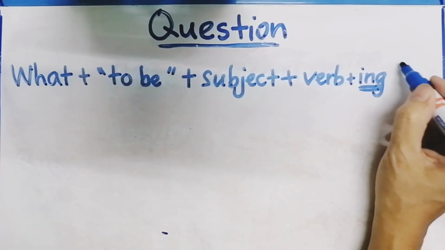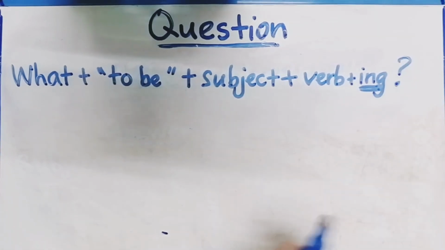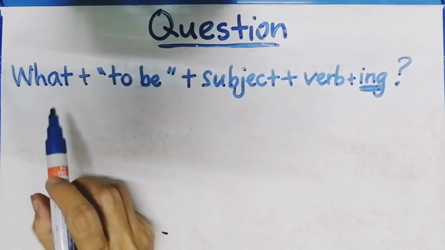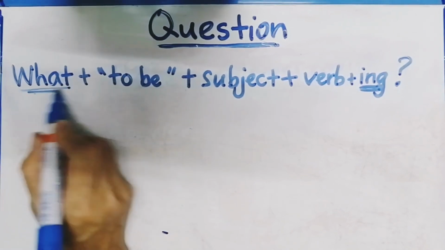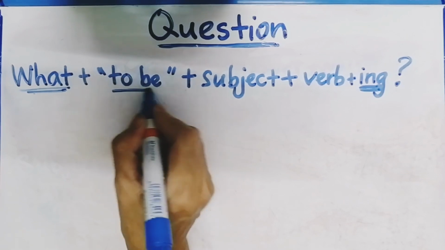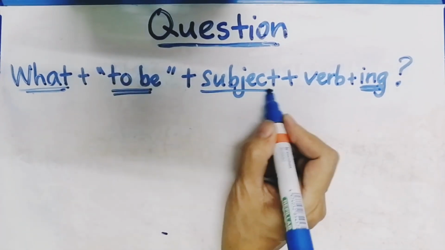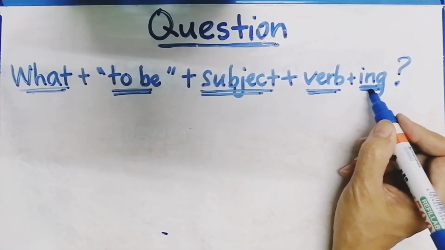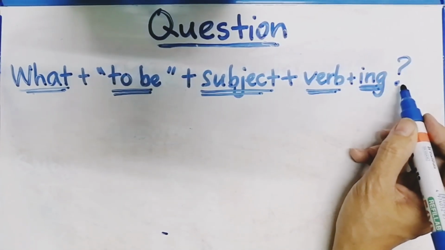And don't forget the question mark. Remember, the question order. Begin with what, and then the verb to be, followed by the subject, and the verb with ing. And don't forget the question mark.